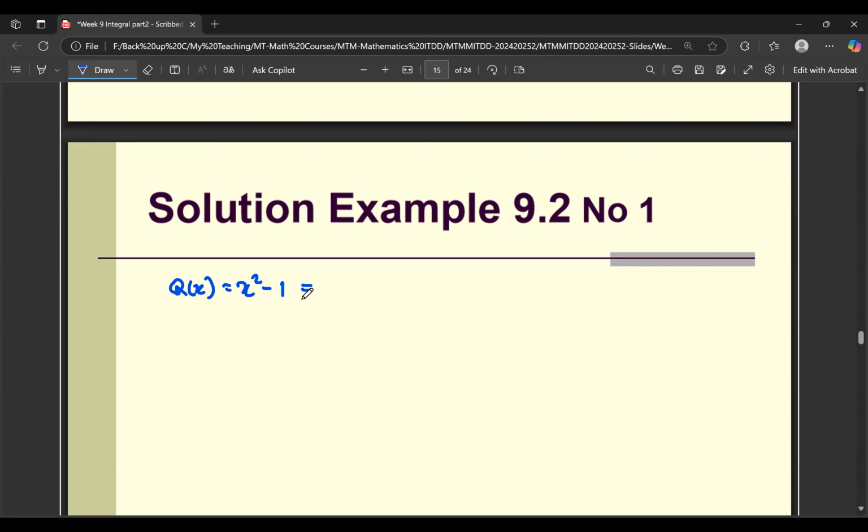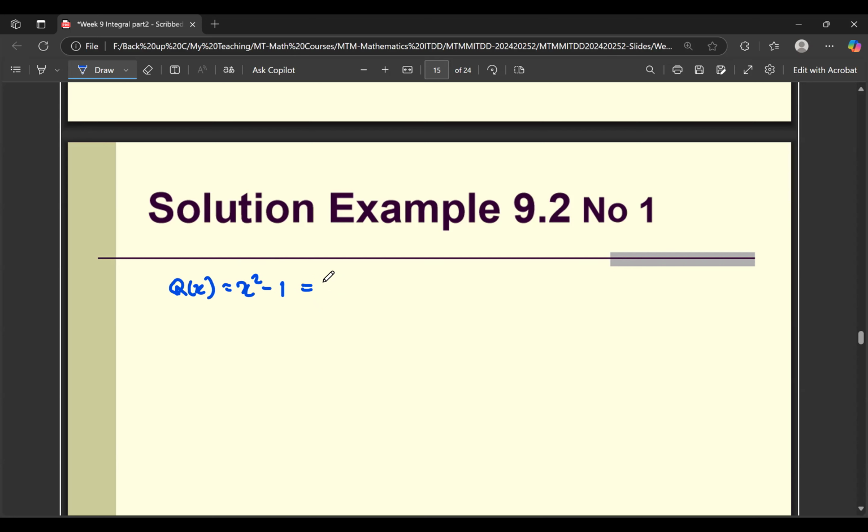And luckily, this is not defined by quadratic factors.